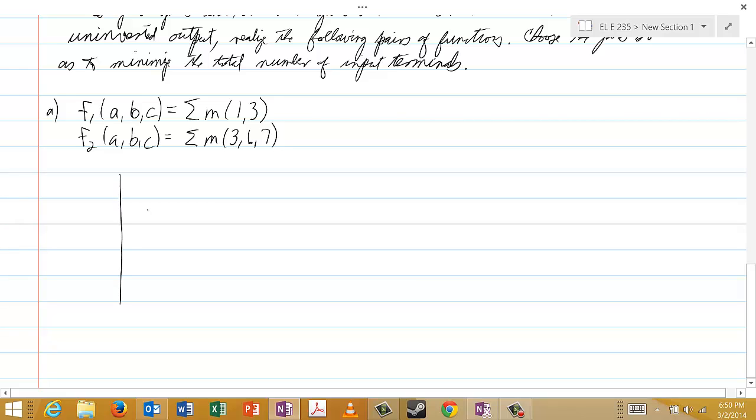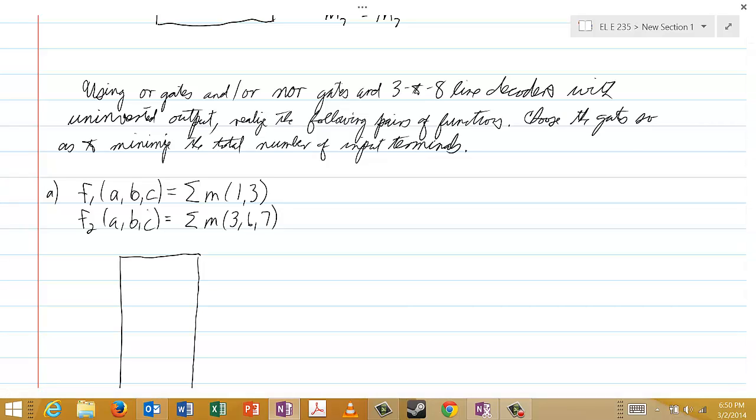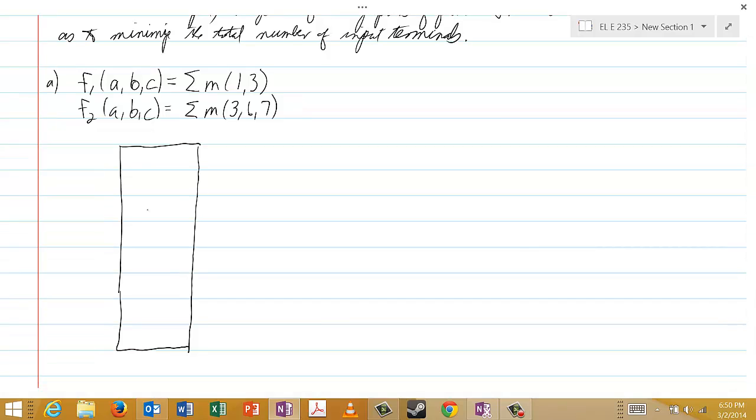Let's draw our 3 to 8 line decoder. And by the way, I should say here, you're not allowed in these problems to use more than one decoder, for each problem. So let me make that correction. And so we have our 8 output lines here.